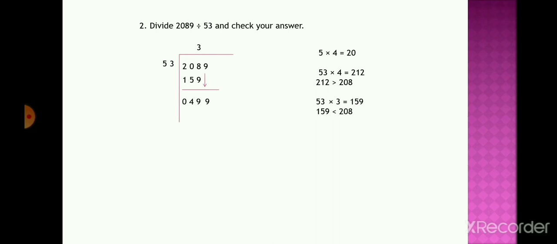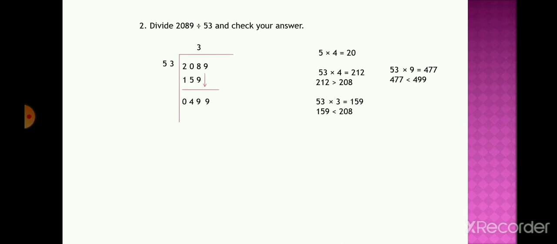Follow the same procedure. Hide ones place of the divisor and check with the first 2 digits of the dividend. So from the table of 5, we can easily find that 5 nines are 45, isn't it? And 45 is less than 49.